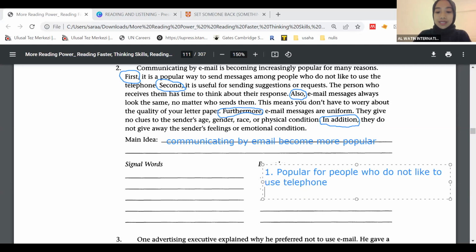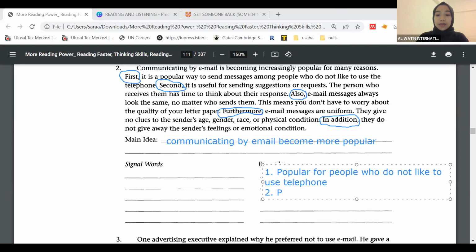Number two, the second list. After second, what is it? It is useful for sending suggestions or requests. The person who receives them has time to think about the response.